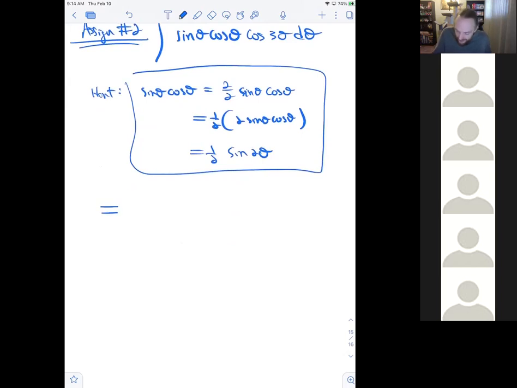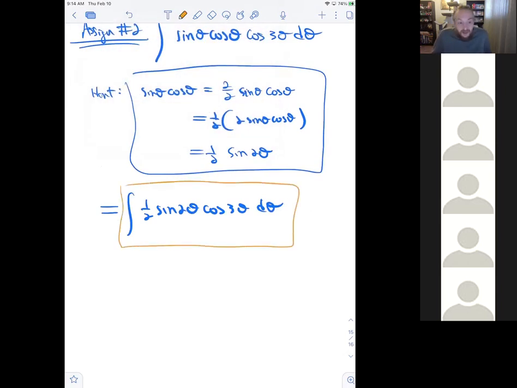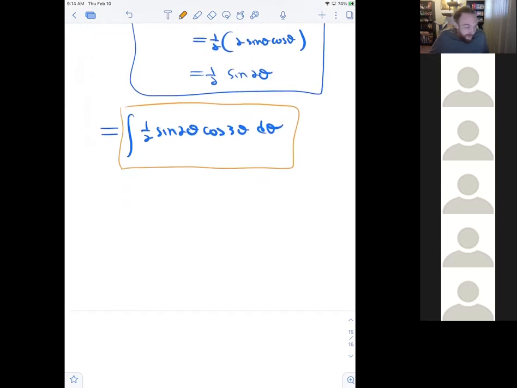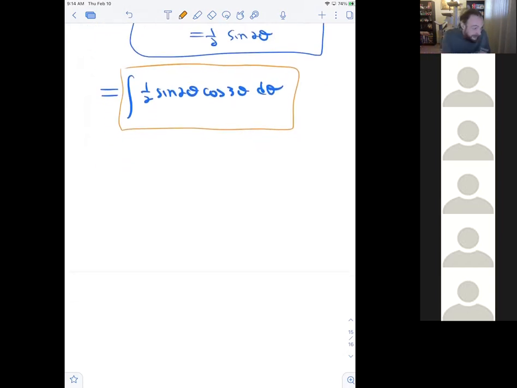So that integral becomes the integral of 1/2 sine 2 theta cos 3 theta d theta. And that's where I want to start off with this last case, where sometimes you can have a product of sines and cosines. If you have those, what are we going to do? So if I have, yeah, that's the one I want.